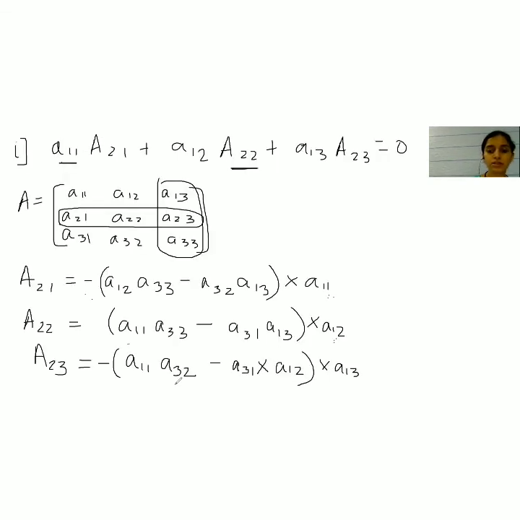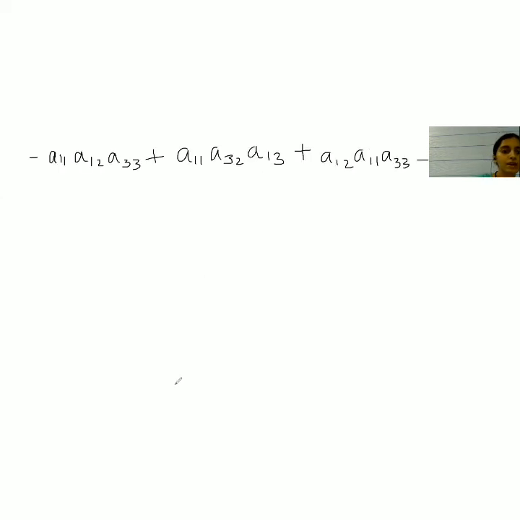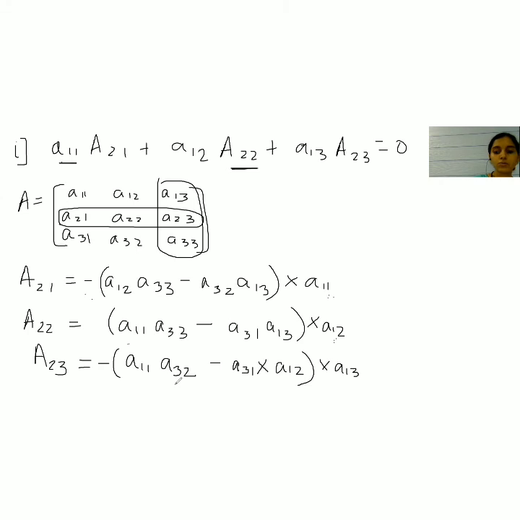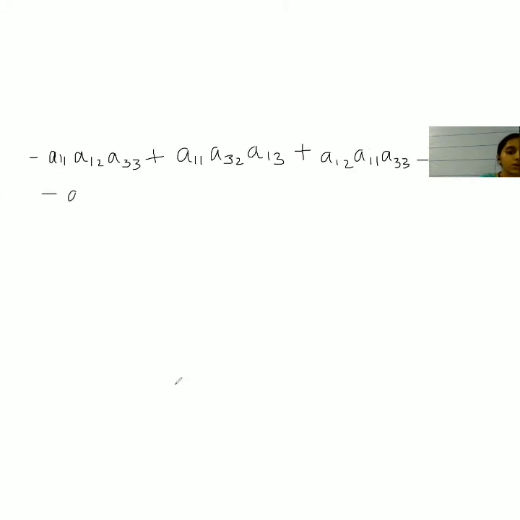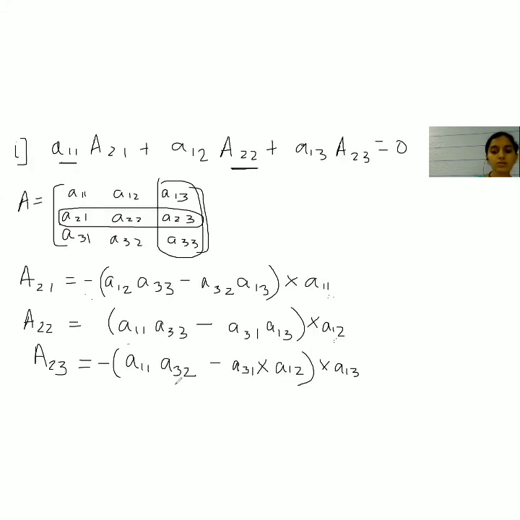Then the next term is added with a minus sign, so I'll put a minus sign: A13, A21 and A32. Then we have a minus sign which will become plus because there is a minus sign outside the bracket. So A13, A31 and A12.